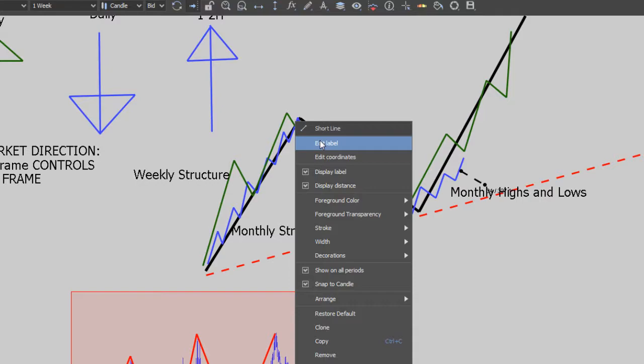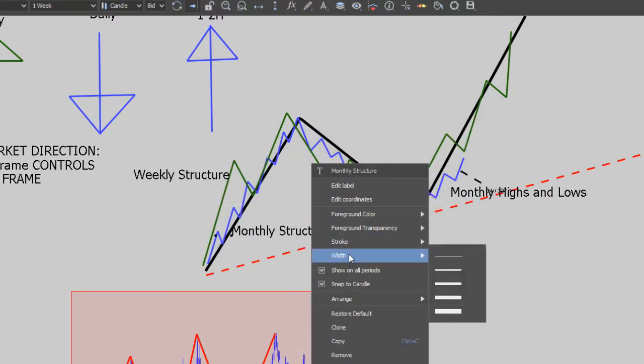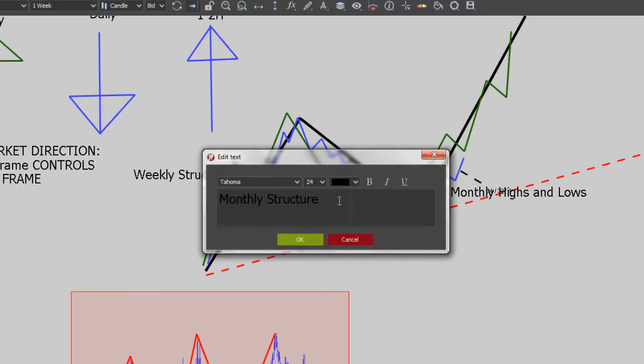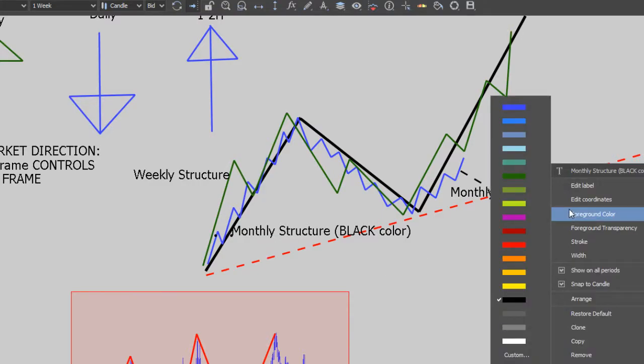Yes sir, just give me a second. Monthly structure, black. Okay, black color is the monthly structure. Monthly highs and lows.